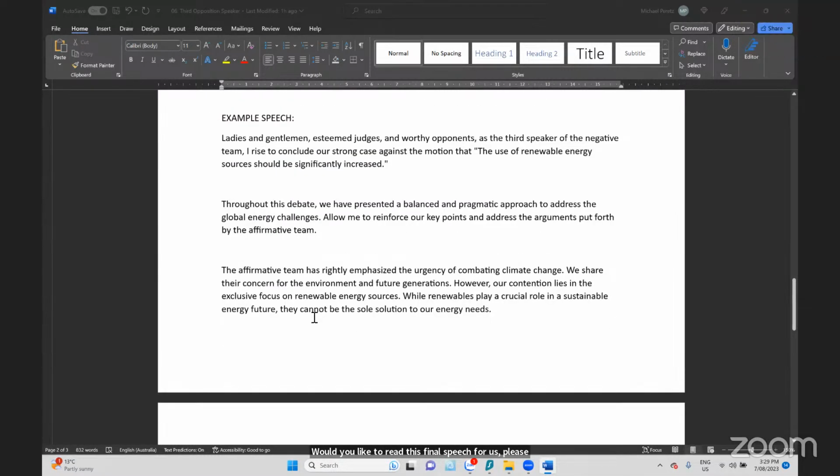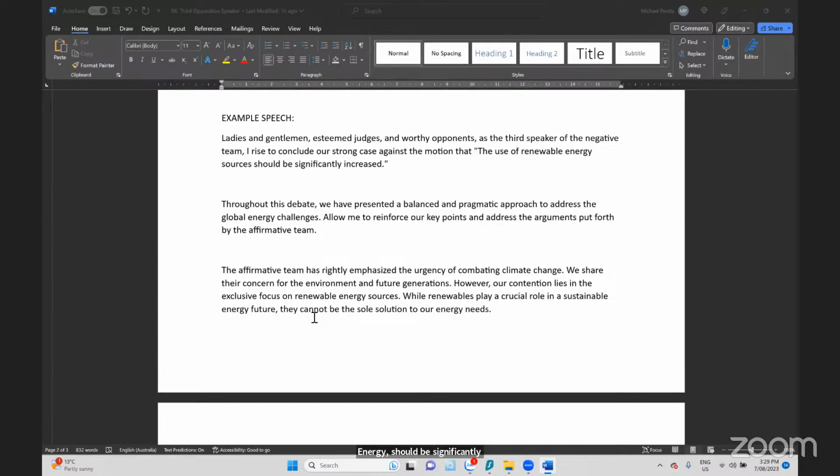Okay. Ladies and gentlemen, esteemed judge and worthy opponents, as the third speaker of the negative team, I rise to conclude our strong case against the motion that the use of renewable energy sources should be significantly increased.